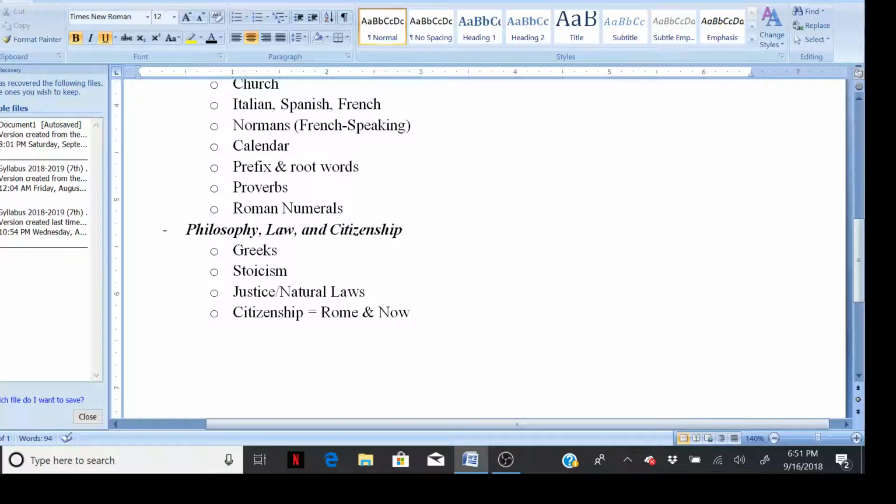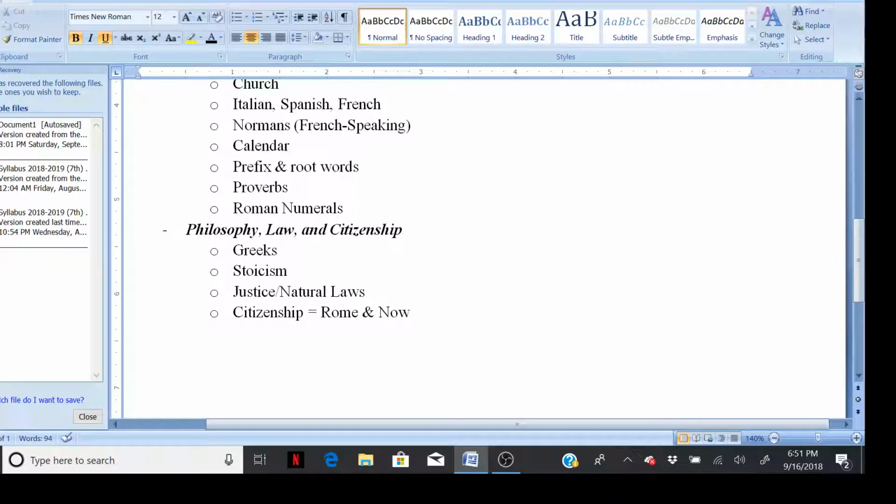Nowadays, that's similar to our society in that, for example, here in the US, many of us are considered U.S. citizens because we were born here, or because we passed certain tests and pledged allegiance to the United States, or pledged loyalty to the United States.